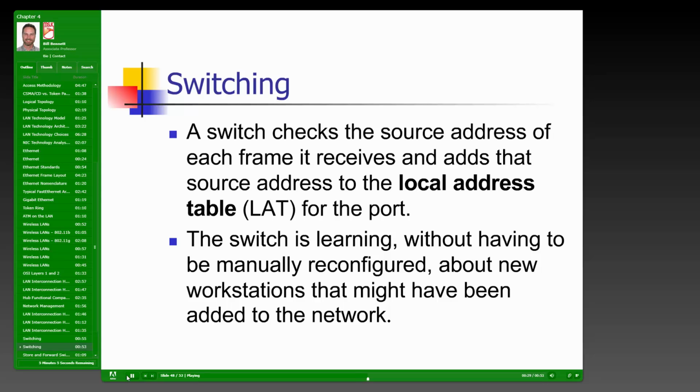And then, of course, the switch is learning as it goes, without an administrator having to manually reconfigure it or manually type in routing table information about any new workstations that might be added to the network. So as you plug in devices or unplug devices, the switch is adapting dynamically, automatically.